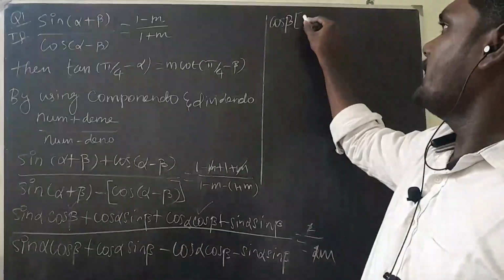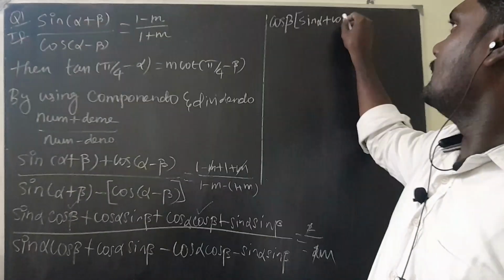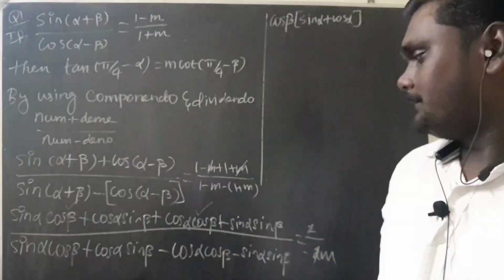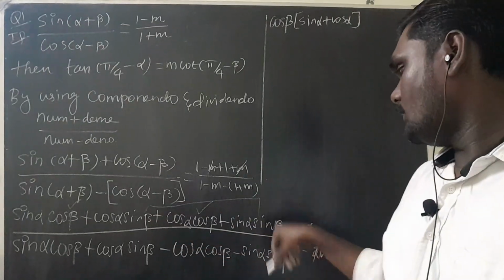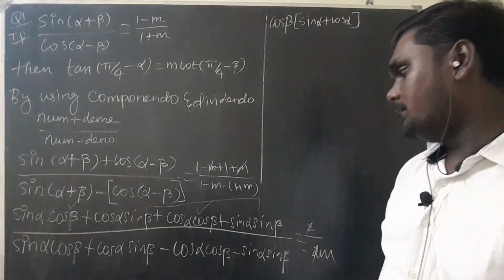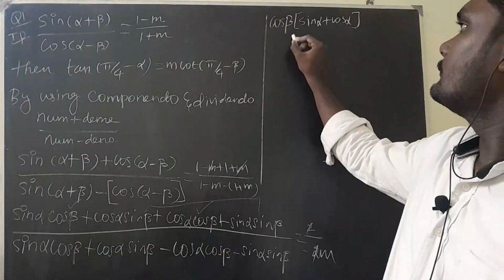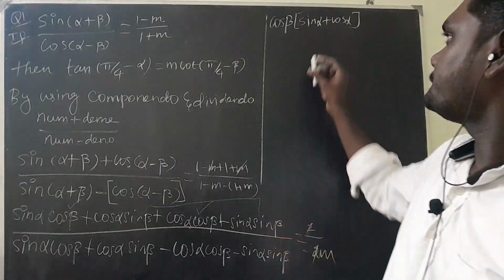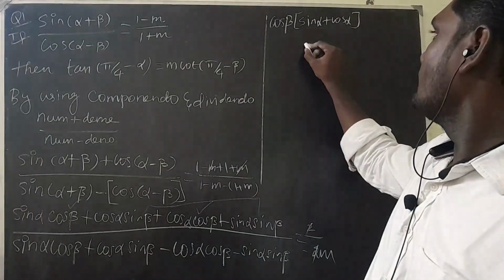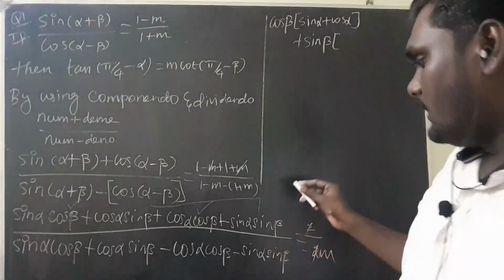Then remaining what will be there? Sin alpha plus cos alpha, correct? Now from the remaining two terms, what can be taken out common? Sin beta taken out common.